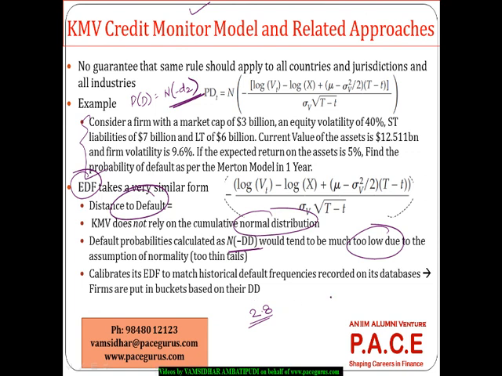Now they have taken from their historical data, let's say 1000 firms. For each of the 1000 firms, they are finding this distance to default. And what they are simply looking at is, associated with each distance to default, what is the proportion of the firms that have actually defaulted within 1 year?